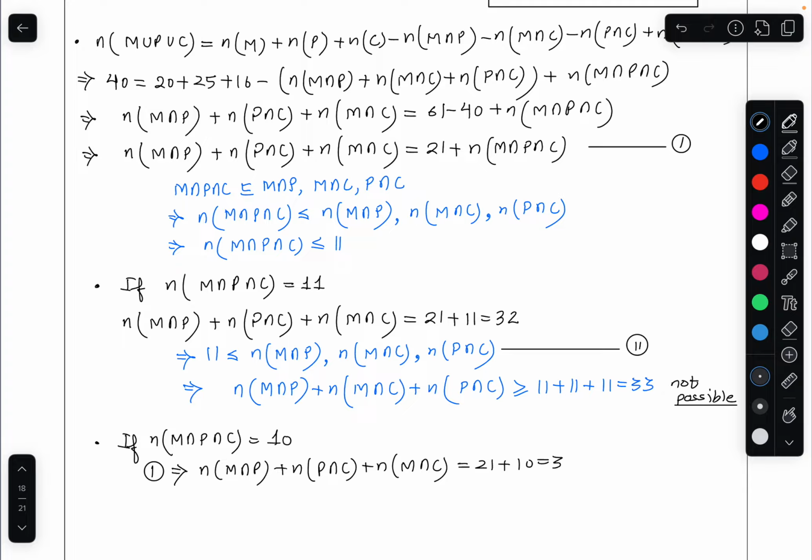Again, I'll check for this relation. If the intersection has 10 elements, that means the number of elements in M intersection P, P intersection C, M intersection C are all supposed to be greater than or equal to 10, which means the sum should be greater than or equal to 30.